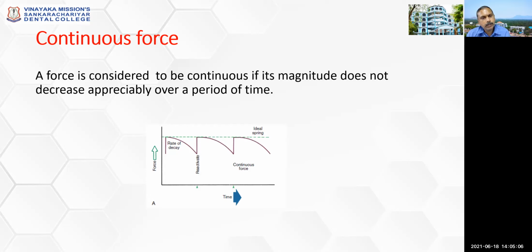We as operators, as orthodontists, see patients once in a month. Fixed appliance orthodontics is in the control of the operator. The patient needs to just visit the orthodontist once in a month. So once in a month, when the patient is visiting, we are changing certain components, and certain components are still fixed onto the tooth.